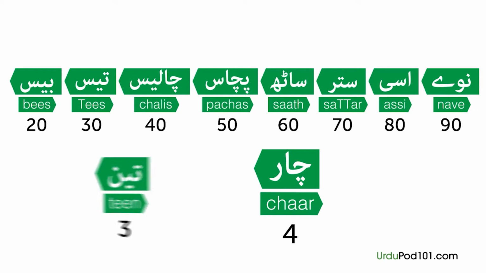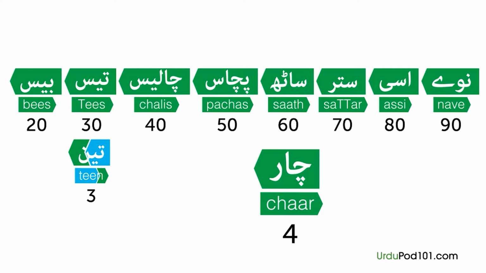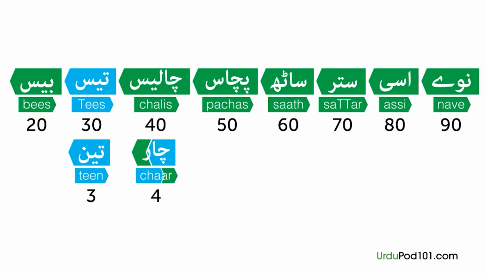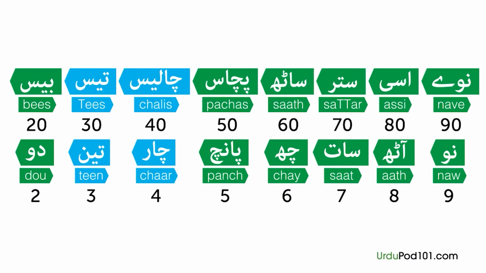As you can see, the sound T of teen, which is 3, is used in 30, or tees. Similarly, the sound cha in char, which is 4, is used in chalis, or 40. Do you see other similarities?